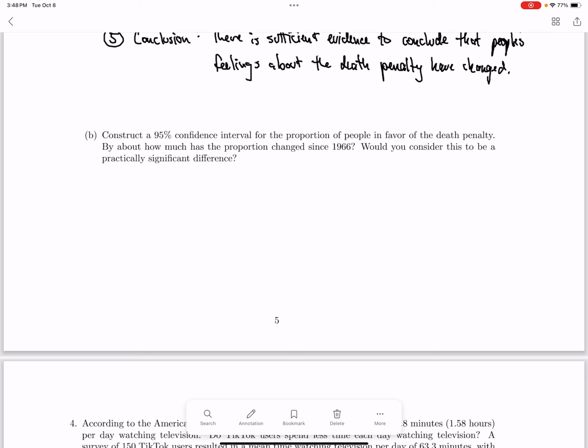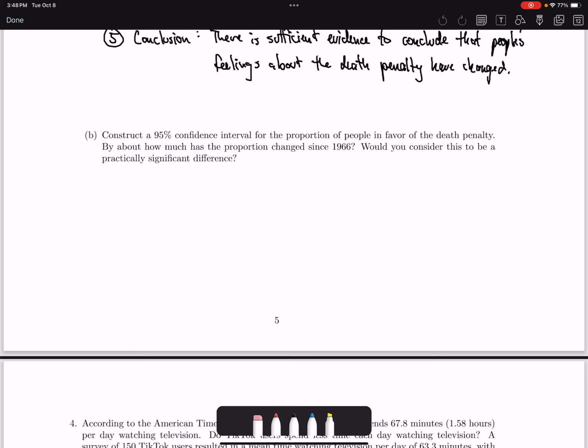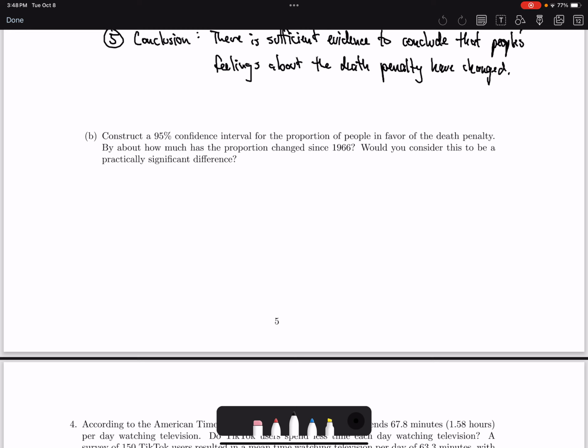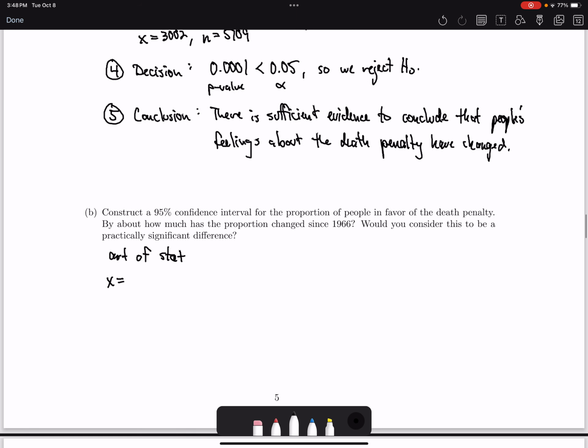Okay, we went to Art of Stat. We put in 3002 for the number of successes and 5109 for the number of observations.